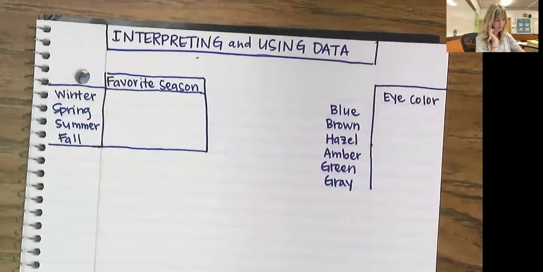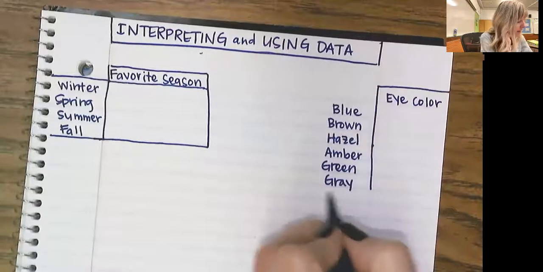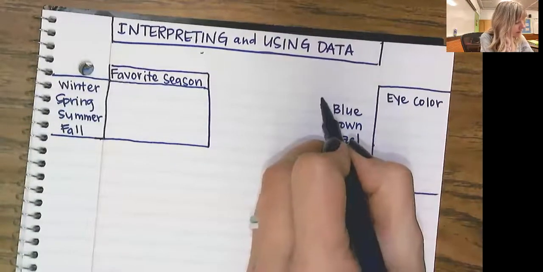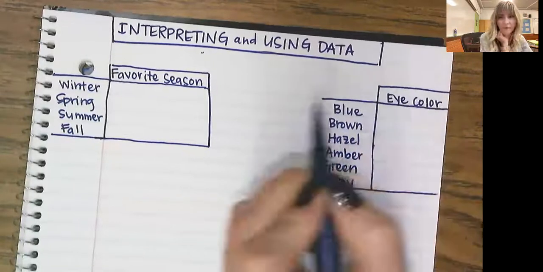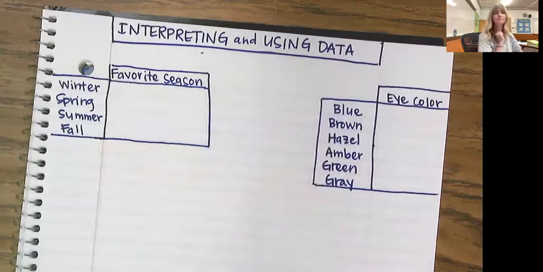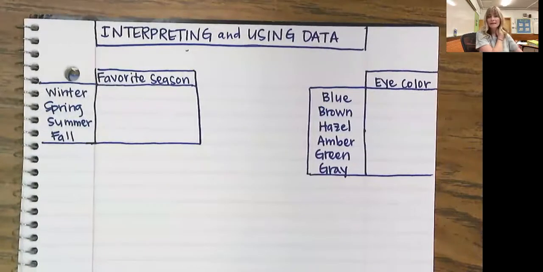Okay, those are the 6 possibilities. And I'm going to draw a line across the bottom here. I'm going to draw a line across that right there, and then draw a line down right there. Okay, now that we've got those tables all set up, now I can give you the results of the survey.